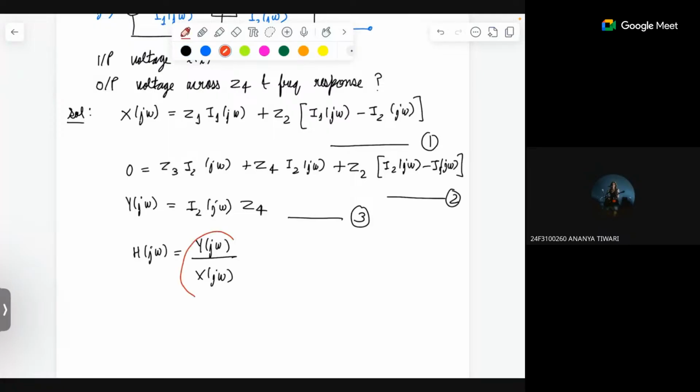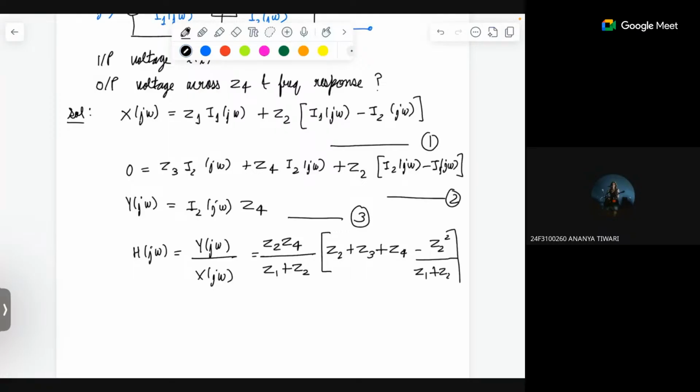And then if you divide, then you will get this expression. Yes, ma'am. I'm writing it down over here. Z2 Z4 upon Z1 plus Z2, Z2 plus Z3 plus Z4 minus Z2 square upon Z1 plus Z2 inverse. So this is what you will get.